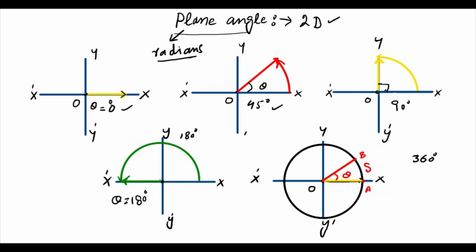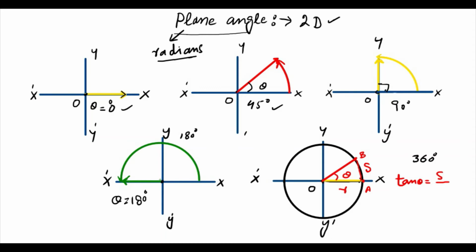So from point A to point B, we can say that this is just like an arc. And if I say this is the angle, it can be written mathematically. For example, tangent of theta can be written as perpendicular divided by base, which in this case is r.